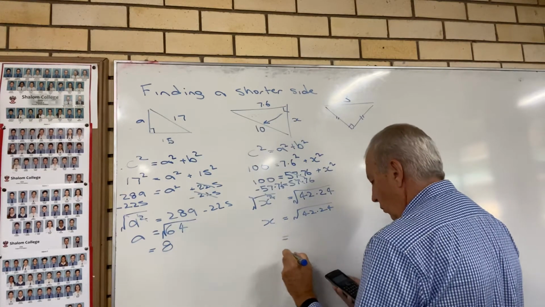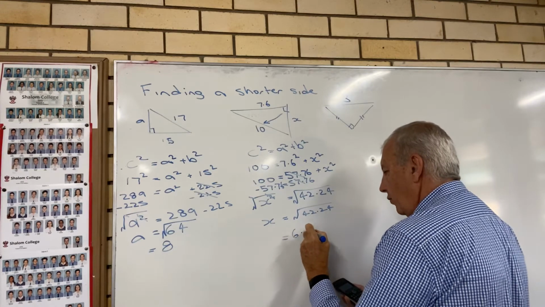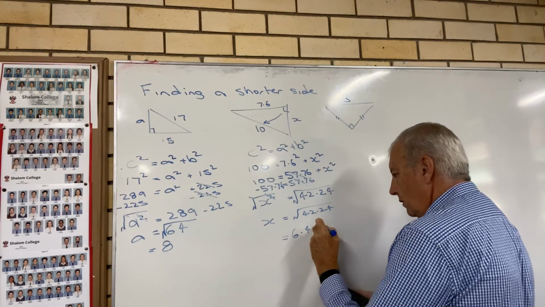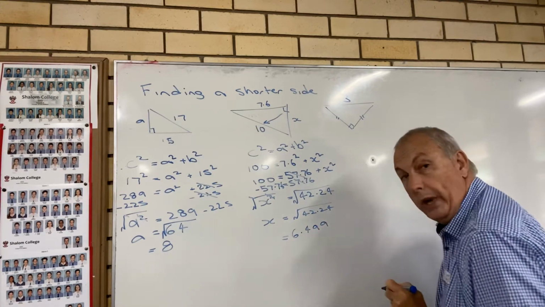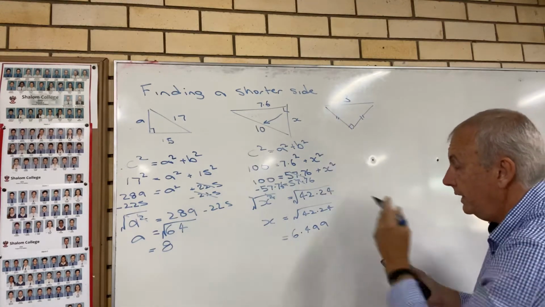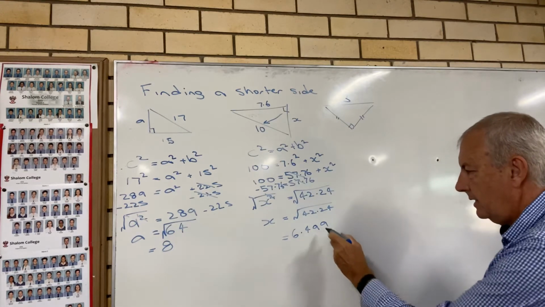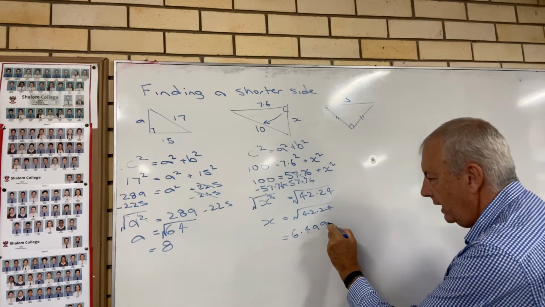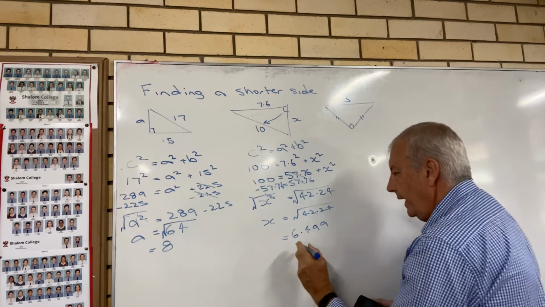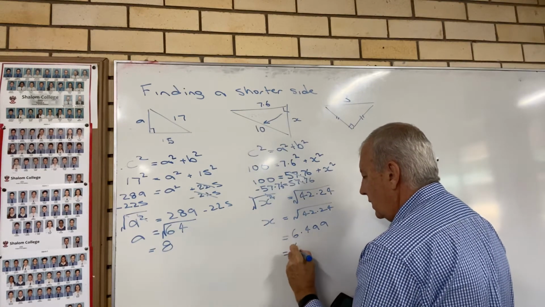So we have a number 6.499. We're going to do this question to 2 decimal places. So if that's the case, we have a 9 here. We'll need to round up, equals 6.50.